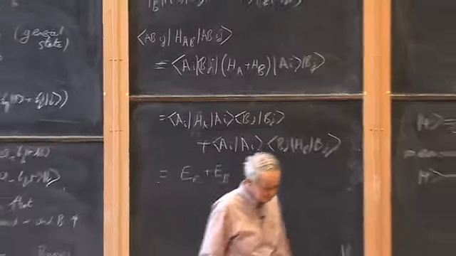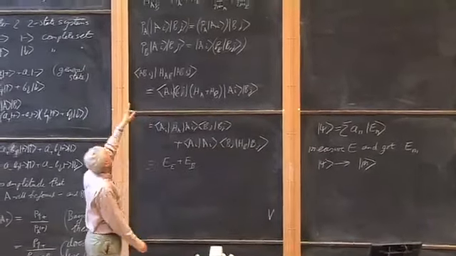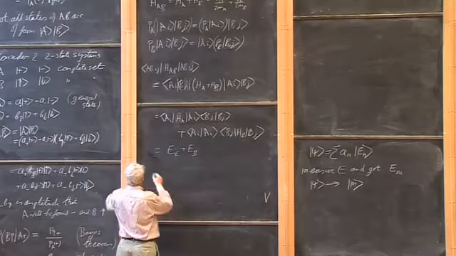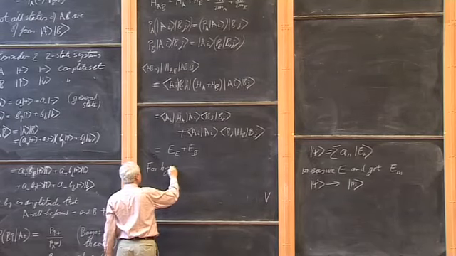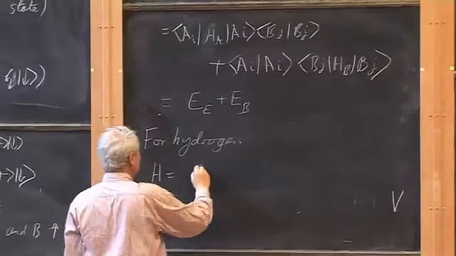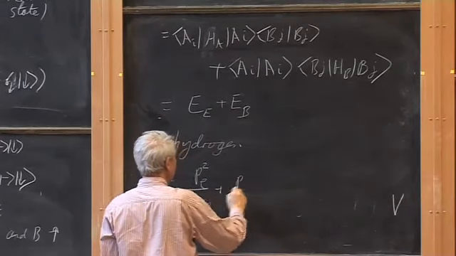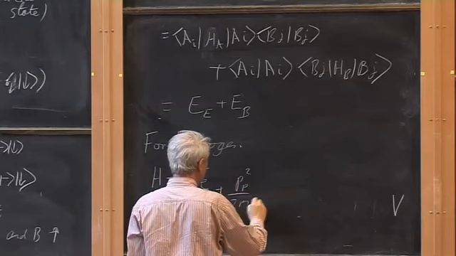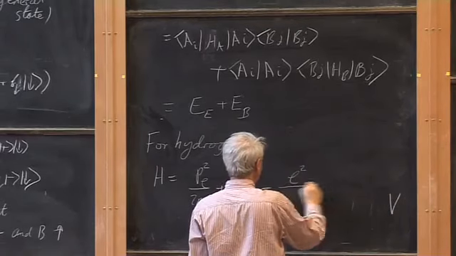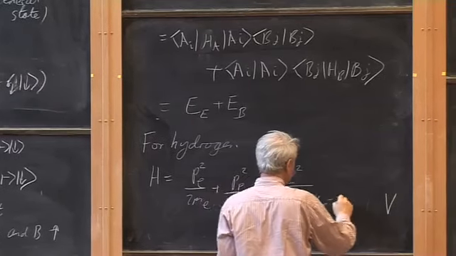I think that makes physical sense. It makes physical sense when the Hamiltonian takes that simple form, if it's just the sum of the individual bits. But for example, for hydrogen, the Hamiltonian H is equal to P electron squared over 2 mass of electron plus P proton squared over 2 the mass of a proton minus the charge on the electron squared over 4 pi epsilon naught times the modulus of x electron minus x proton.